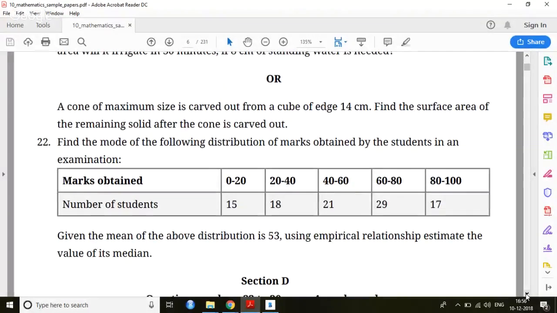Okay, I'll solve question number 20. Any other request for any other question? From question number 18 to 22, list down the questions that I need to solve.